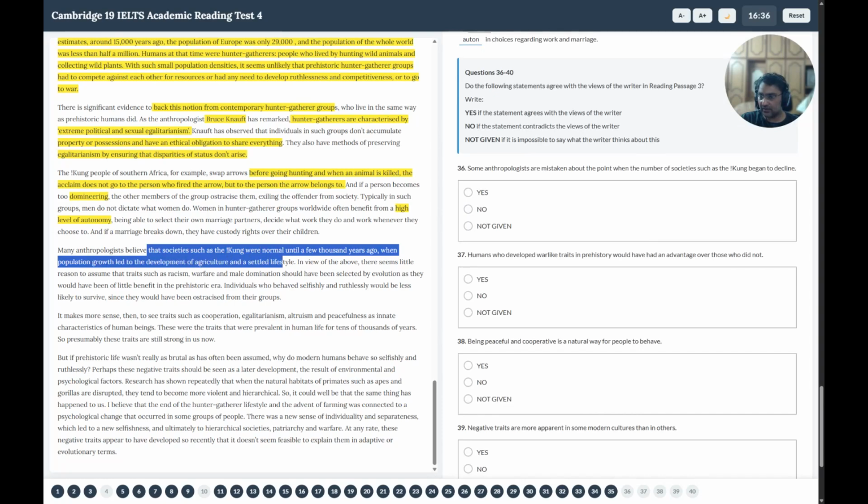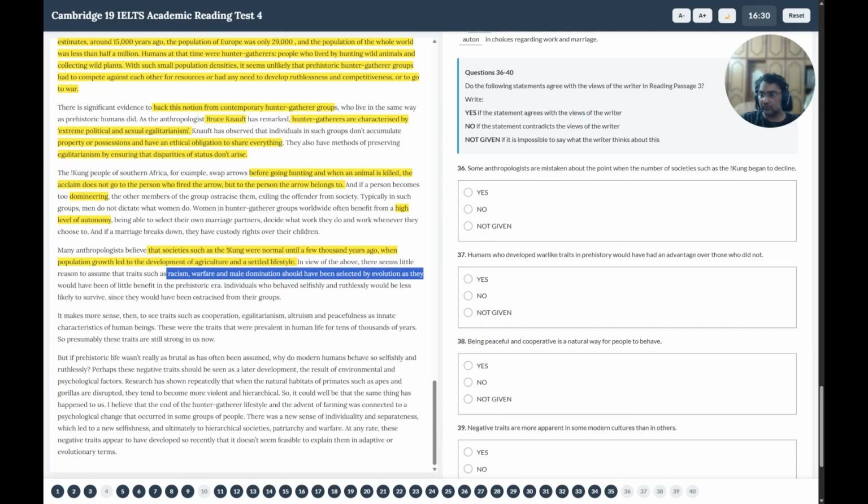Population led to development, agriculture, and civil lifestyle. Warlike tribes would have had an advantage over those. Peaceful races and warlike ones should have been selected by evolution. They would have been of little benefit.